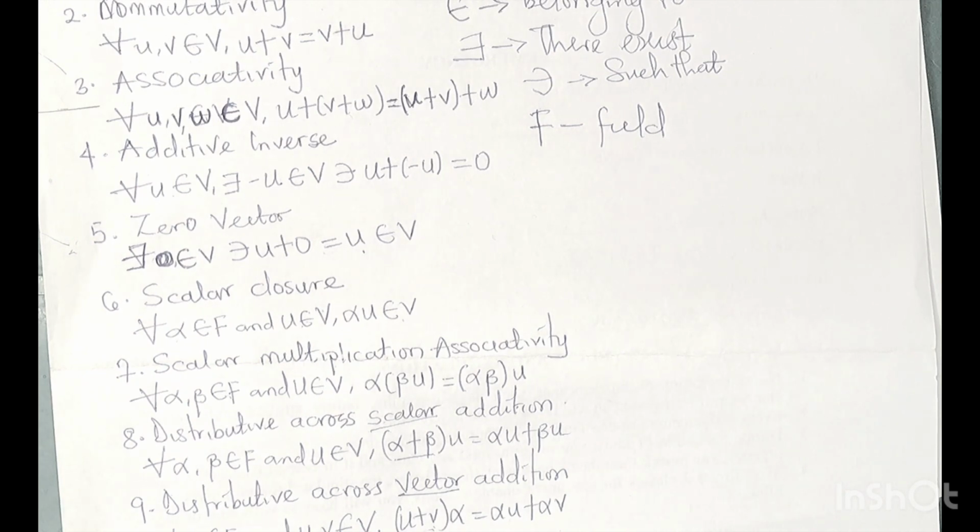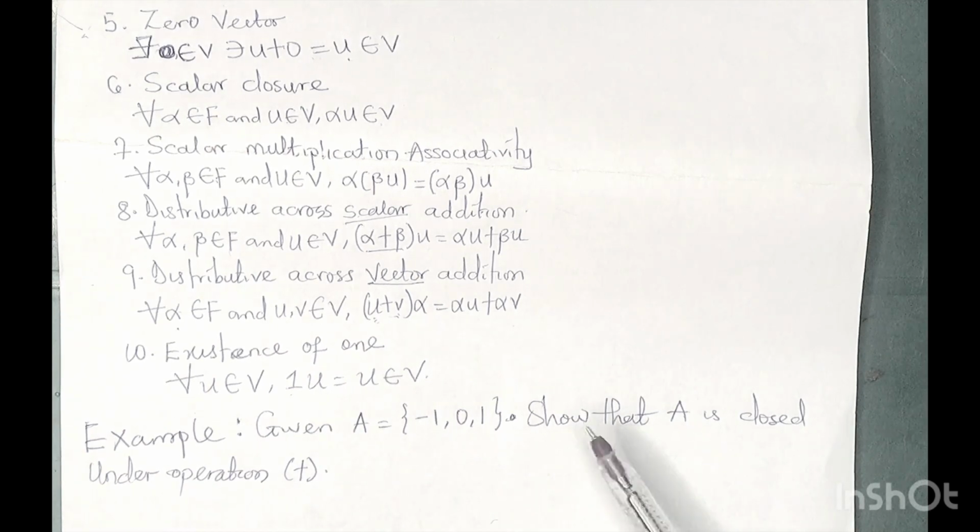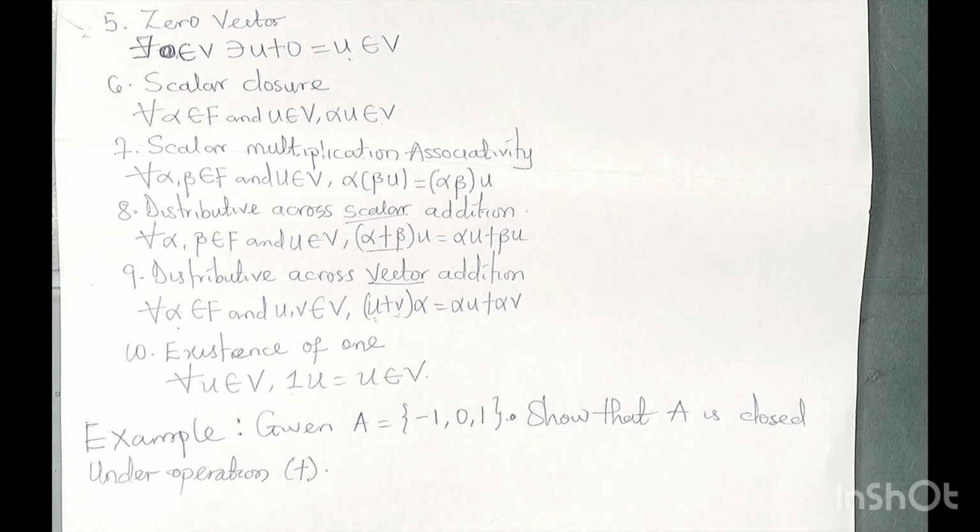So let's go into the example now. Given that A equals the set {-1, 0, 1}, show that A is closed under the operation addition.